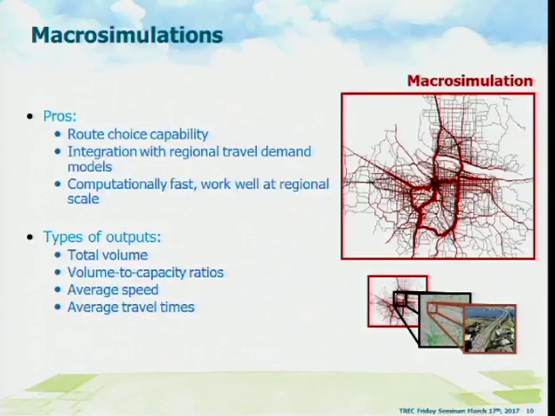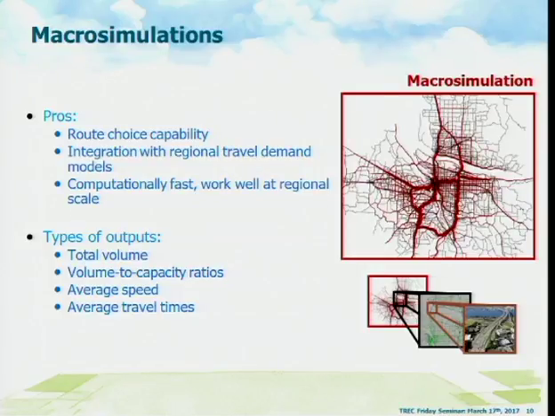Some of the pros about using these static assignments are that they have this thing called route choice capability. You can do multi-path assignments, and I'll show an example of that in a little bit. They're very well integrated with that four-step model I was talking about before. Static assignments have been around for a very long time.